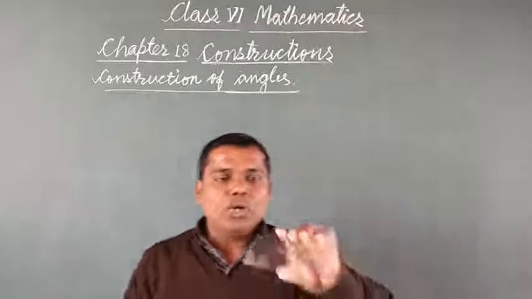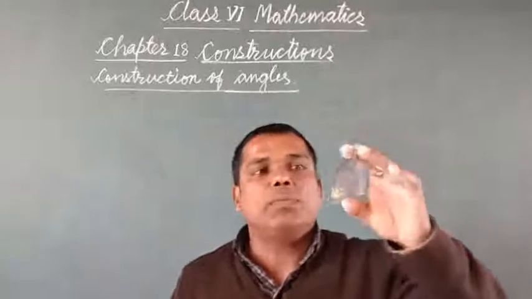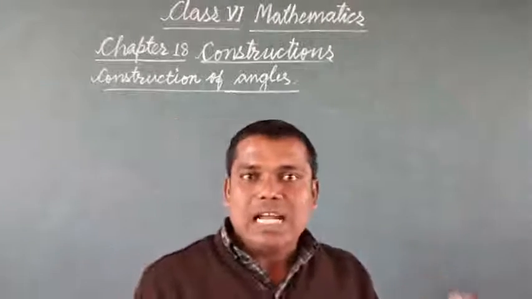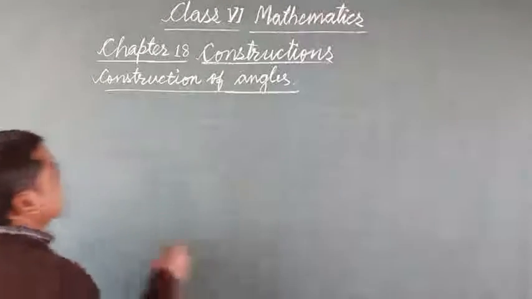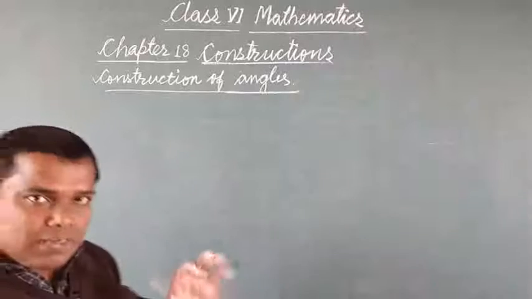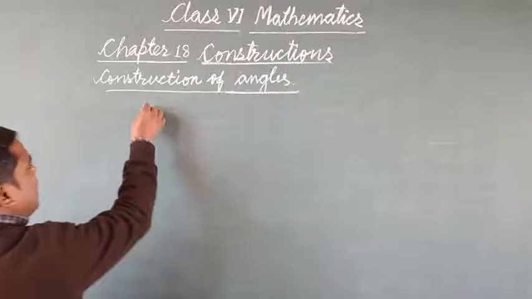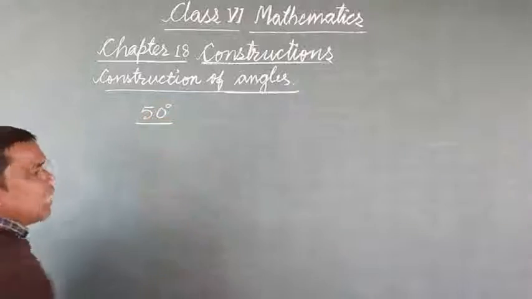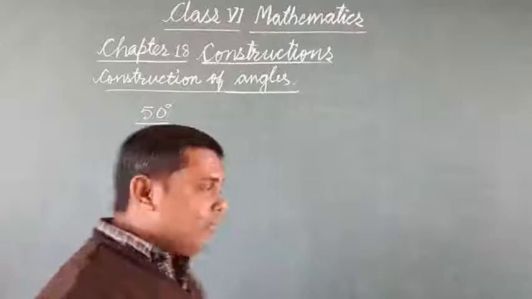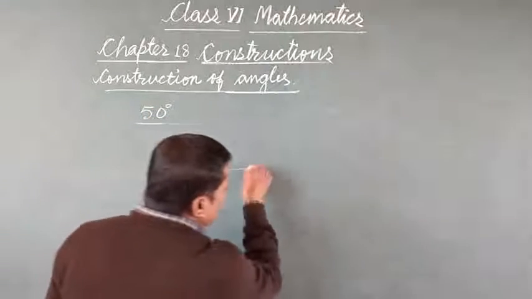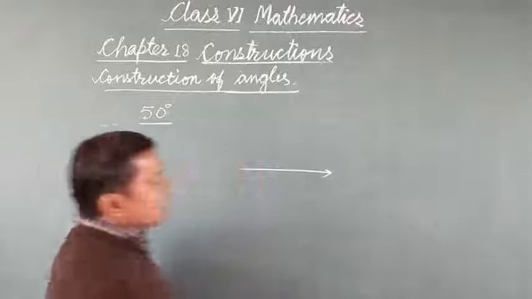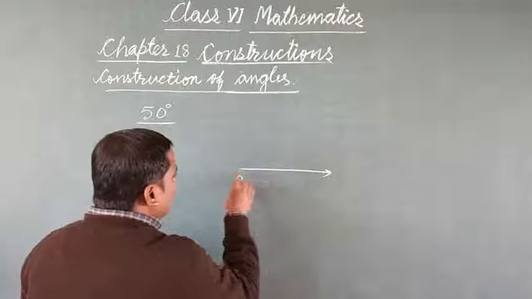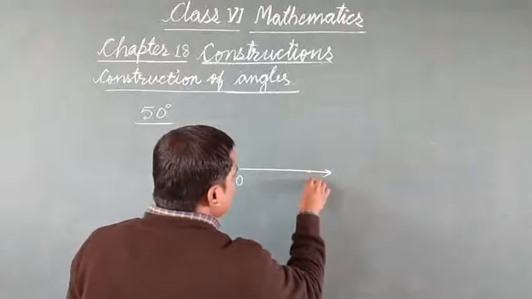I hope all of you know how to measure an angle with the help of this protractor. In the same way, you will learn how to draw angles with the help of a protractor. First, remember, if I have to draw an angle of 50 degrees with this protractor, the first step is that we will draw a ray, say OA.